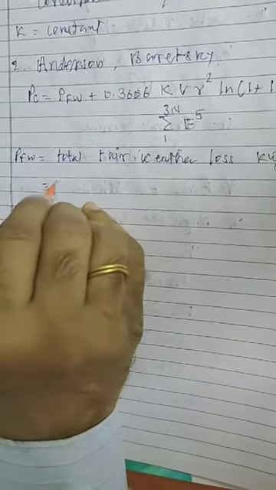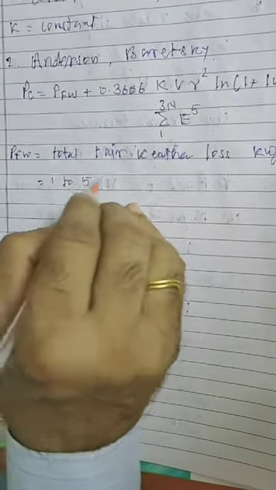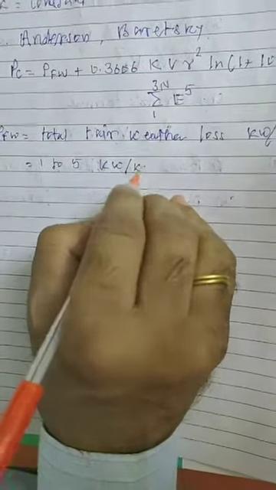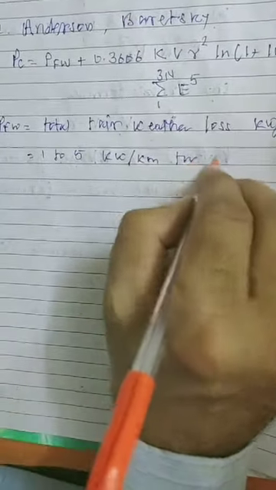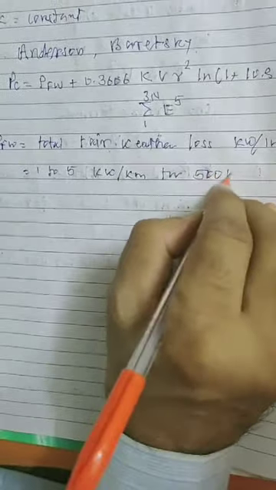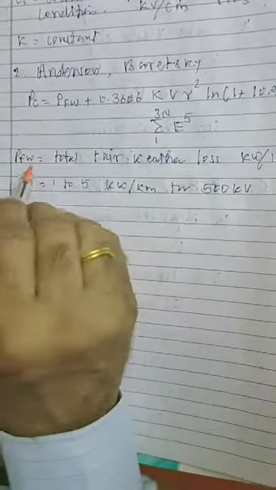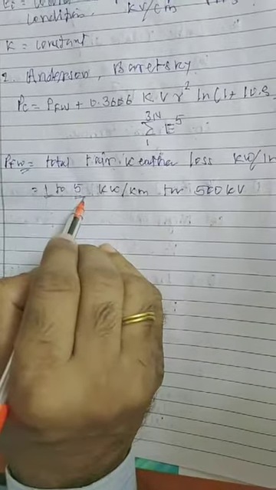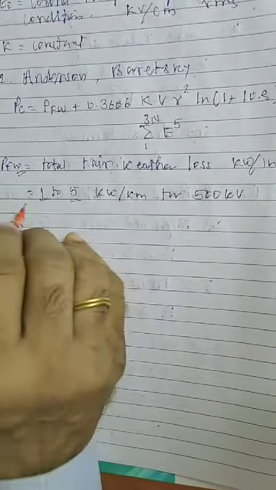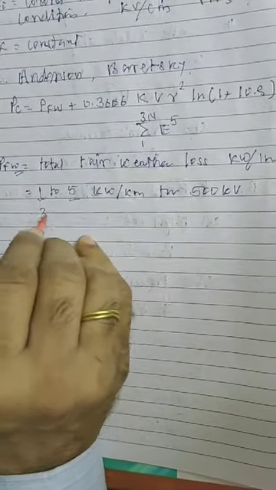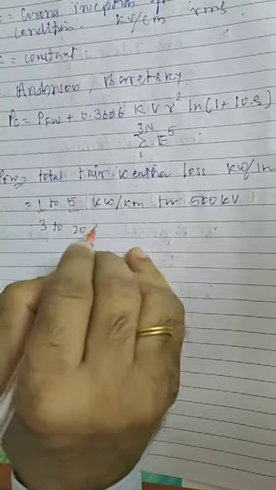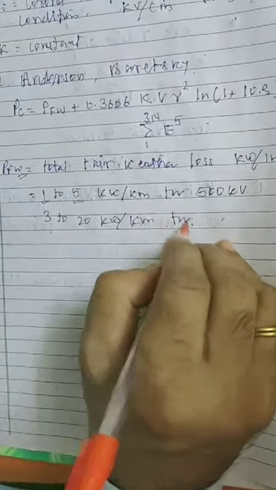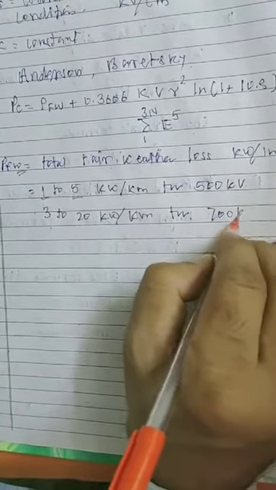This is generally between 1 to 5 kW per kilometer for 500 kV, and 3 to 20 kW per kilometer for 700 kV.